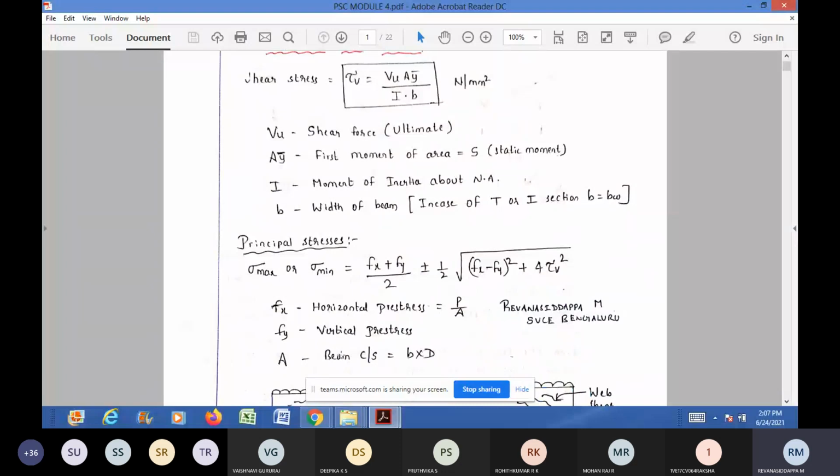If the shear stress acting on a PSC beam exceeds the limit, then we will go for a vertical pre-stressing system also. Vertical tendons will be incorporated into the beam. In that case, we will get fy also. Otherwise, this fy value will be 0. Fx is the horizontal pre-stress and fy is the vertical pre-stress, and A is the area of cross section.